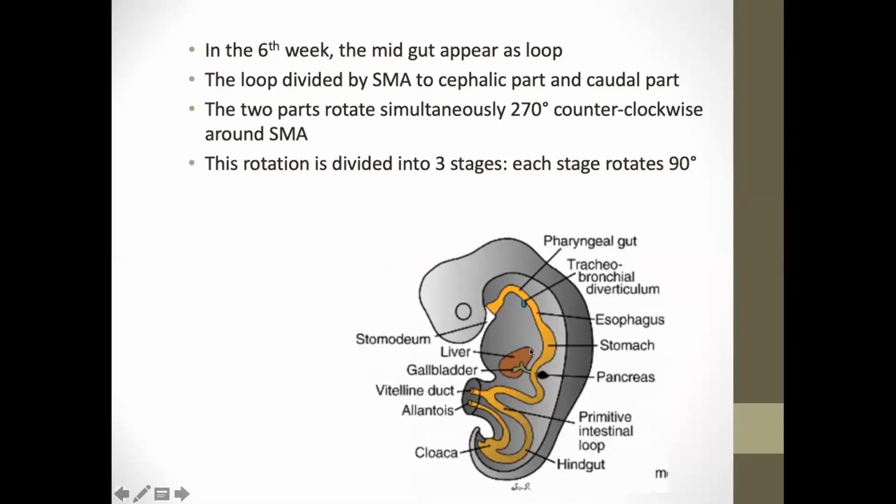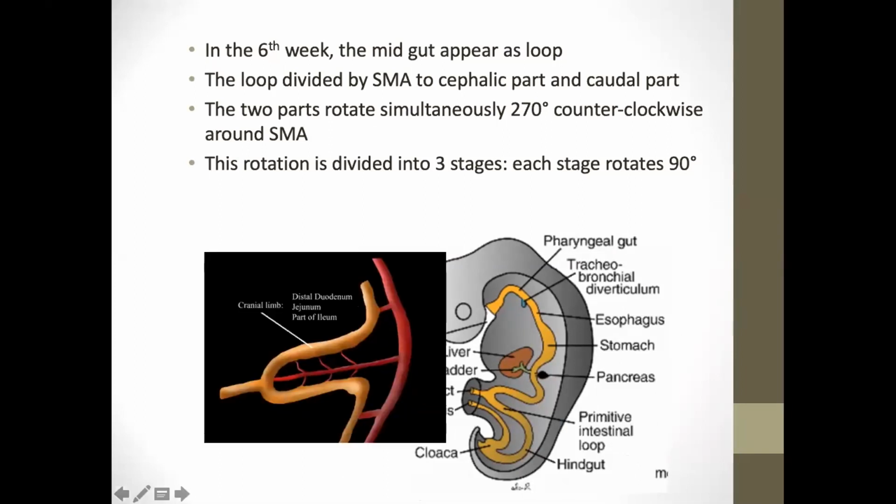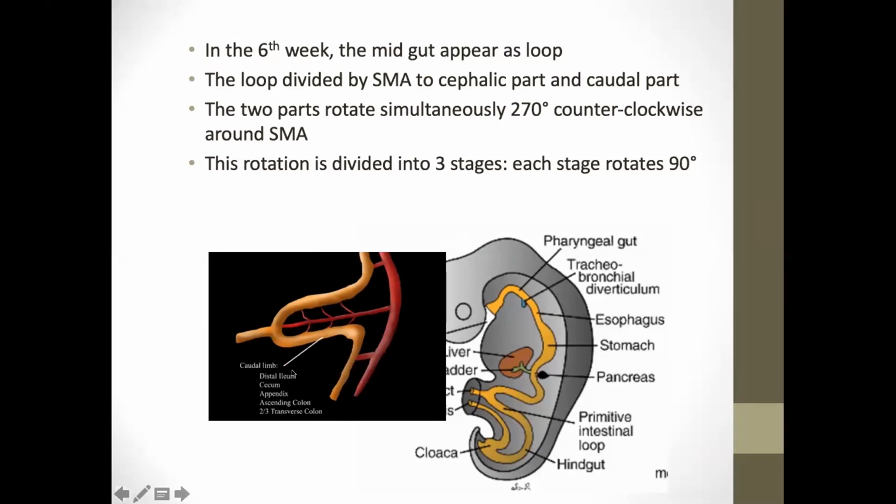In the 6th week, the midgut appears as a loop. This loop is divided into two parts by the SMA, the superior mesenteric artery, the vessel of the midgut. The cephalic part will give the distal duodenum, jejunum, and part of the ileum, and the caudal part will give the distal ileum, cecum, appendix, ascending colon, and proximal 2/3 of the colon.